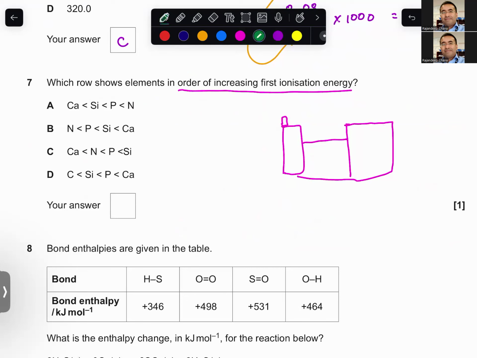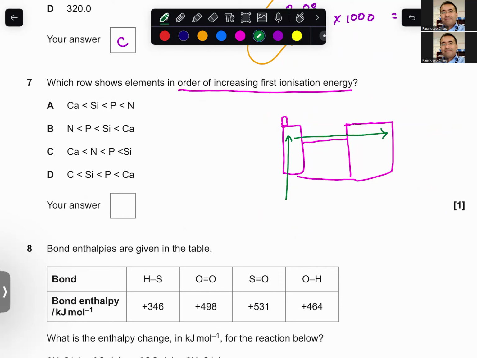You see, as increasing ionization energy, you have to go up the group and ionization energy increases. There's fewer shells, less shielding, and you need to go more towards the right because there's a greater nuclear charge and greater nuclear attraction. So both these directions increase the nuclear attraction. So we want to see which order these fit into.